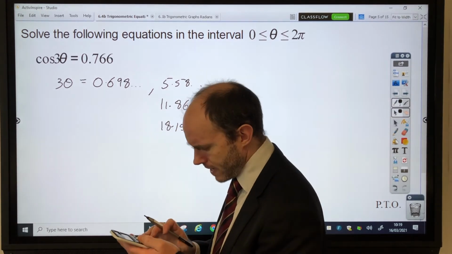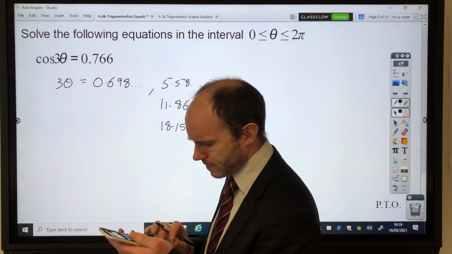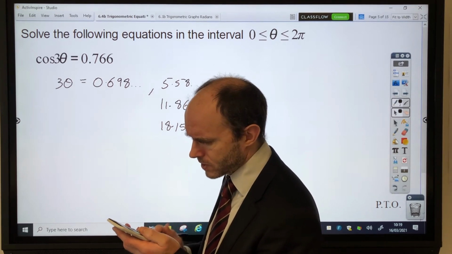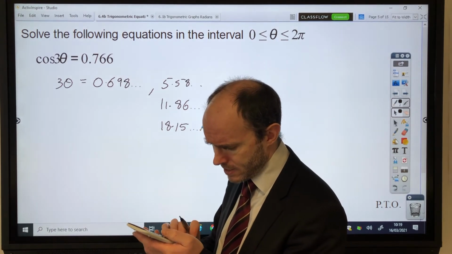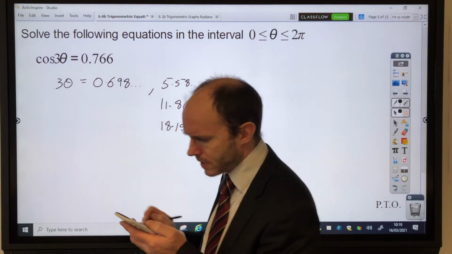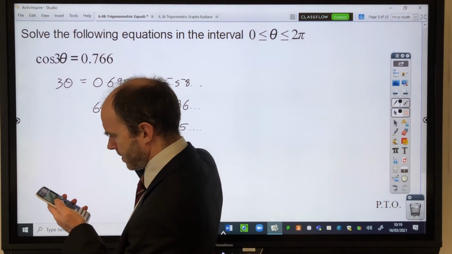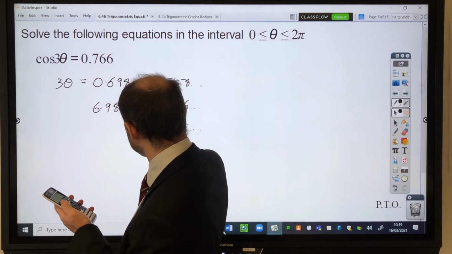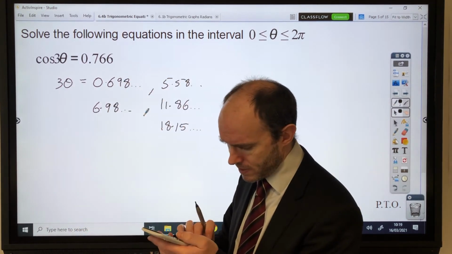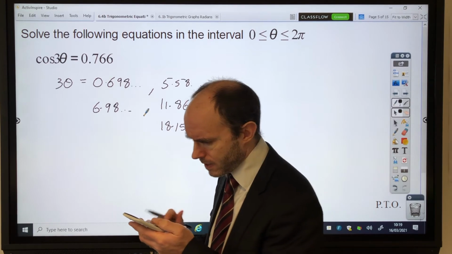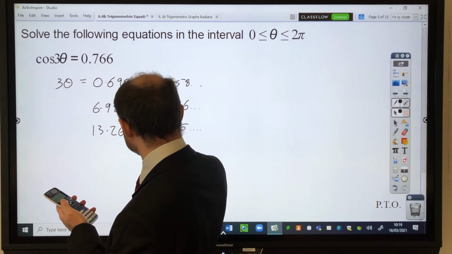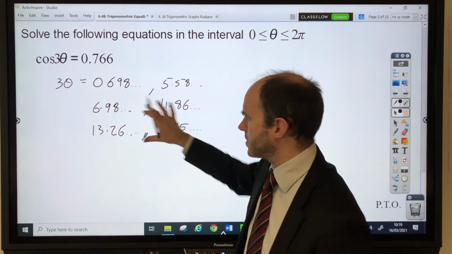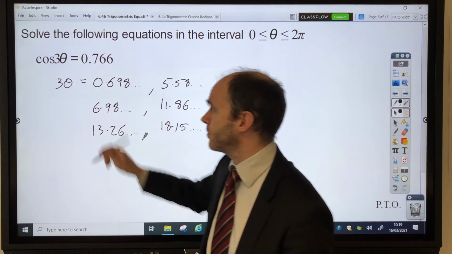Now we'll go back to that. I'm going to get the exact value again, inverse cosine of 0.766. So 0.698, add 2 pi to that, and I'll get 6.98. And then add another 2 pi, I'm going to get 13.26 something, okay? So those are the 6 possible answers for 3 theta.